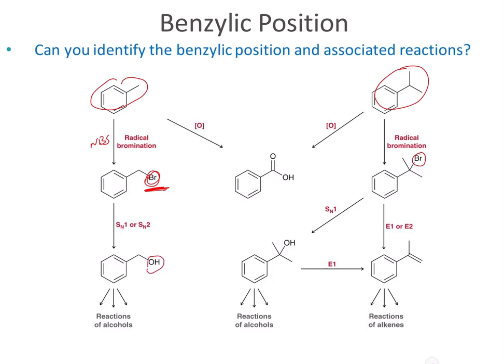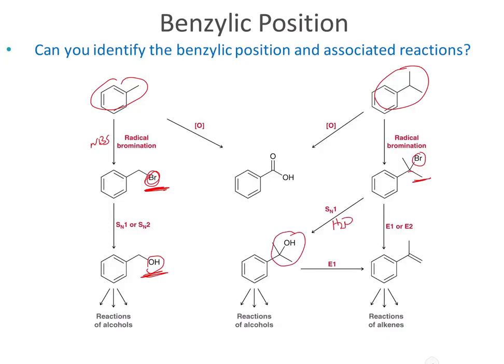Once we transform it into an alcohol, then think of all those alcohol reactions that we learned. We can transform this again into a halide. Then with the halide group, this can undergo SN1. So here, if we just use water, then we transform it into a tertiary alcohol.